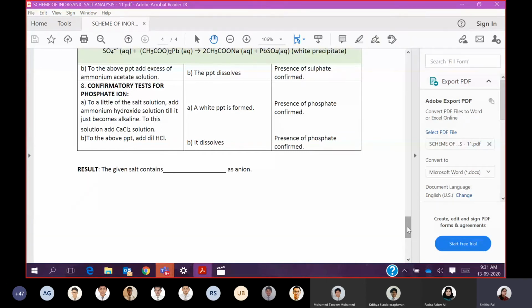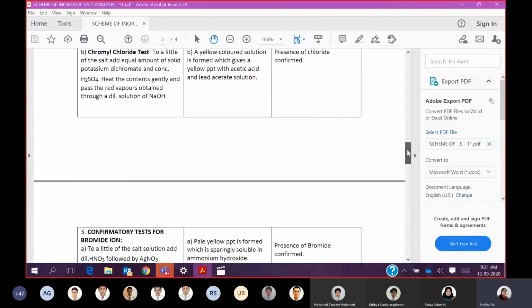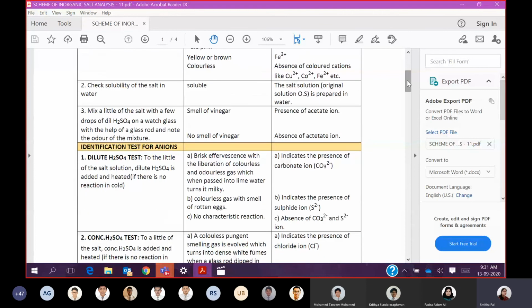So these are the 3 tests which we plan to have today. Even the students who are here, they are performing the same test. Now I'll give 5 minutes time. Please go through the scheme of analysis carefully.